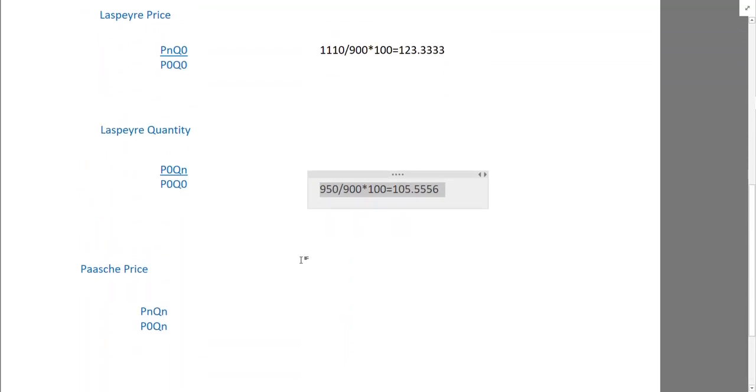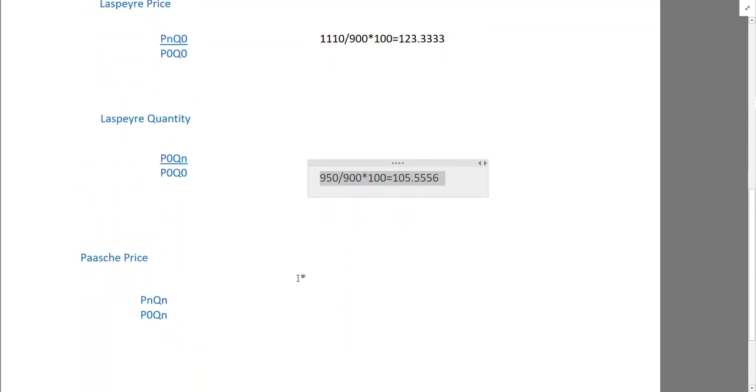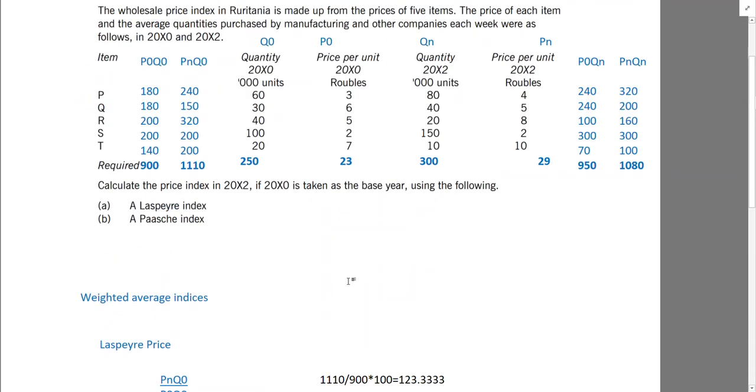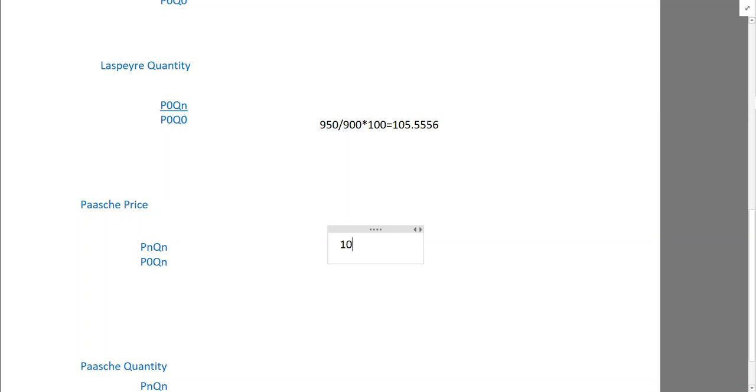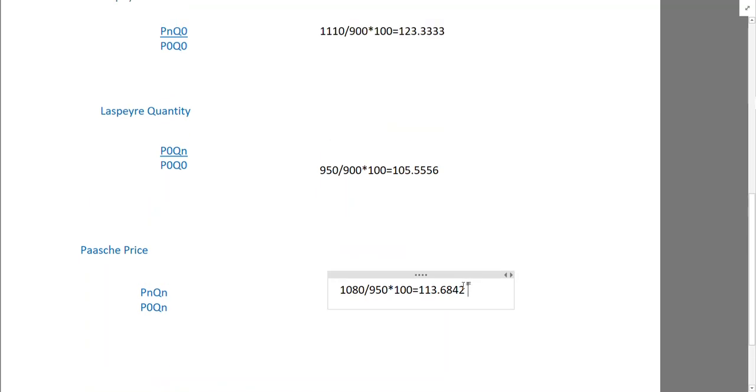So we need Pn Qn, latest price, latest quantity, which is 1080, and divided by P0 Qn, which is the top of this part, 950. Multiply by 100, it becomes 113.